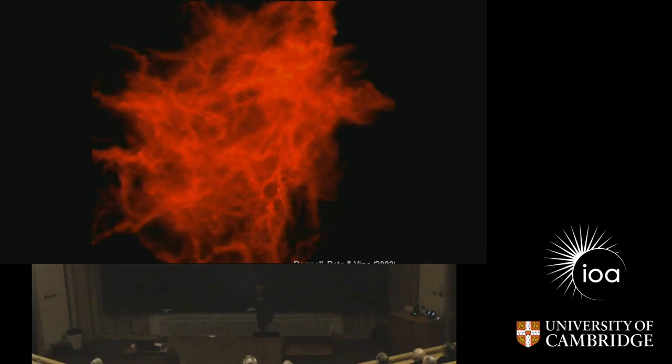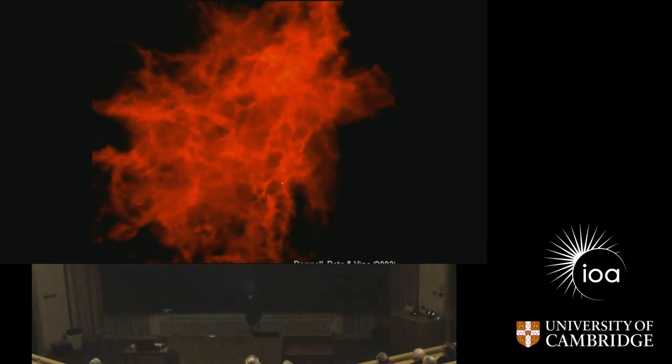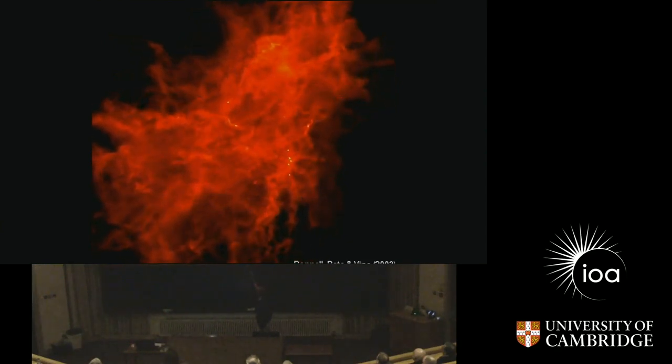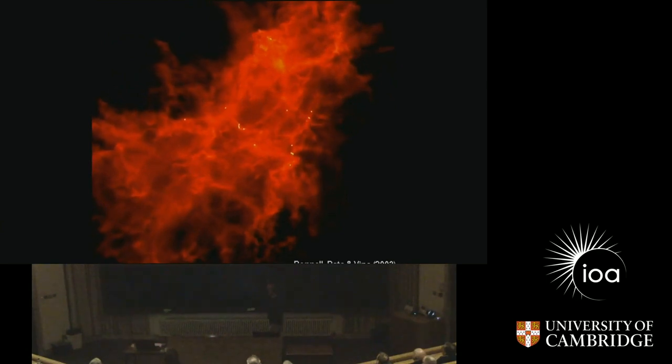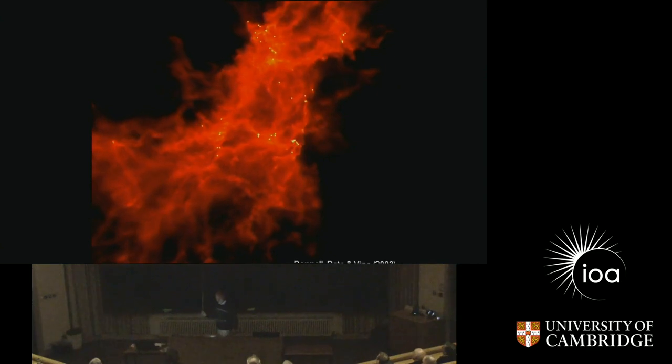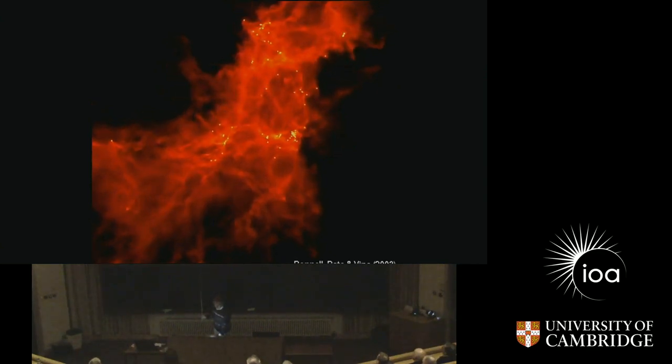You'll see it's quite turbulent, so it doesn't just collapse to one point. Each individual blob of gas collapses to form individual stars, and we see the stars beginning to appear in this simulation here.